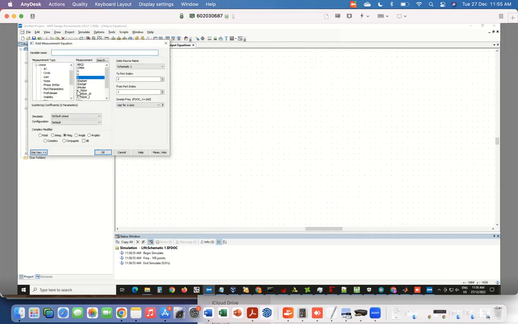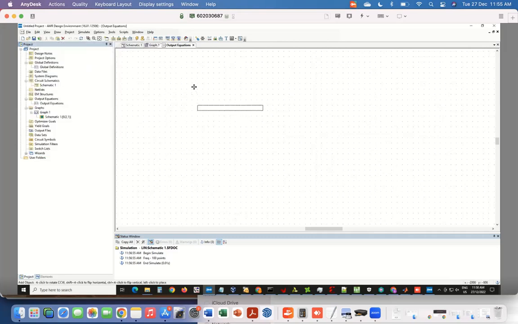I'm going to define a variable S21 mag, and I'll define S21 max square as S21 mag squared.